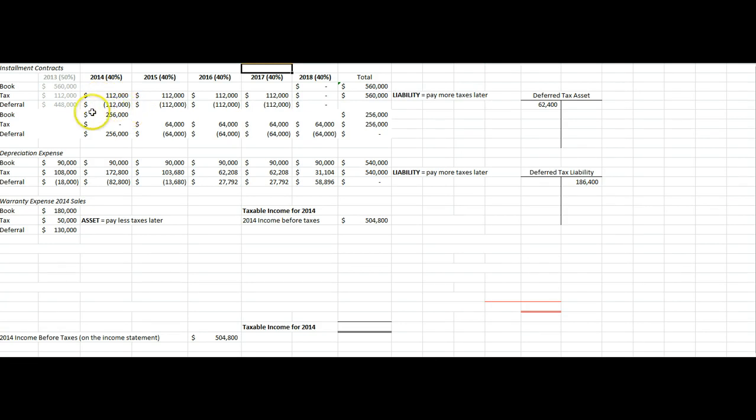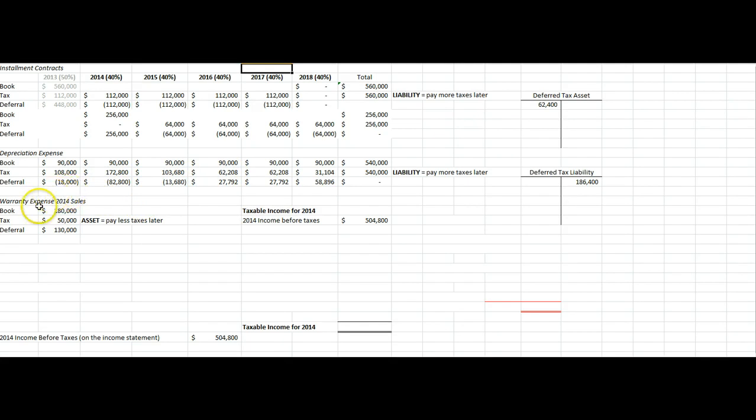We've also created $256,000 of new deferral because we had new contracts in 2014 that we're going to collect in future years. Our depreciation expense is still on our tax return greater than on our income statement, so that deferred tax liability is growing still. It doesn't start to reverse out until later.